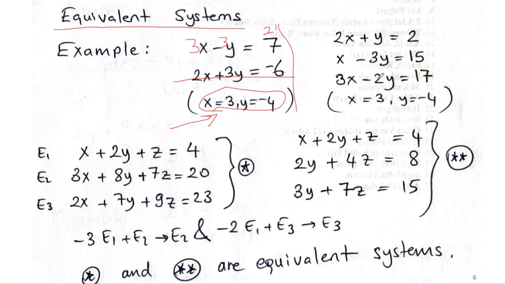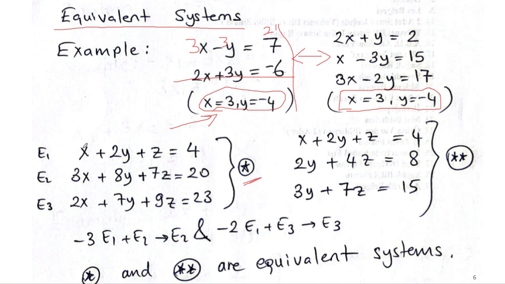And we can also have an equivalent system that will also have exactly the same solution for x and y. If these solutions are the same, these two systems here, they are equivalent to each other. And similarly, we might have, let's say, three unknowns, three equations. Here, this system is denoted by star.